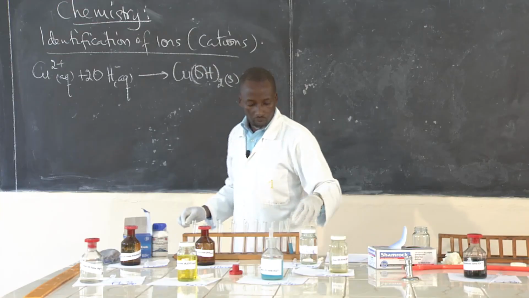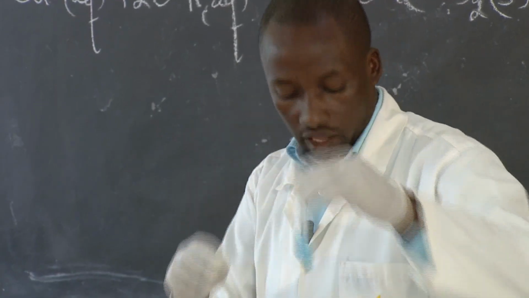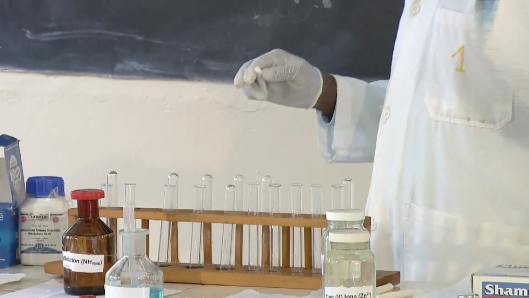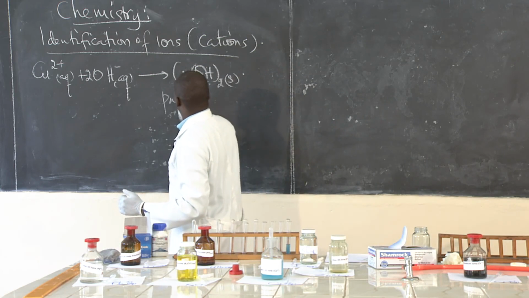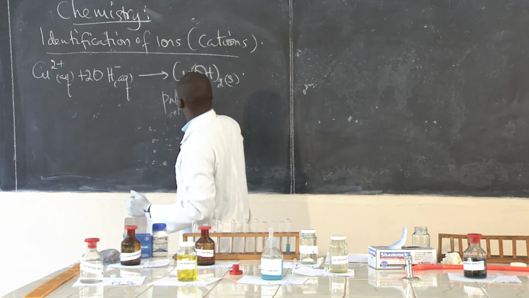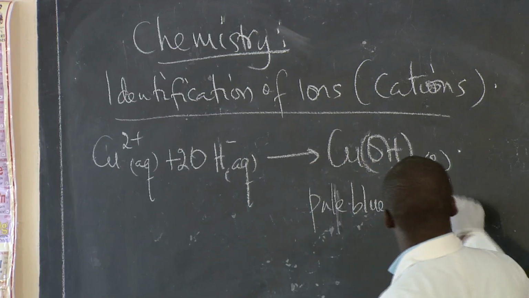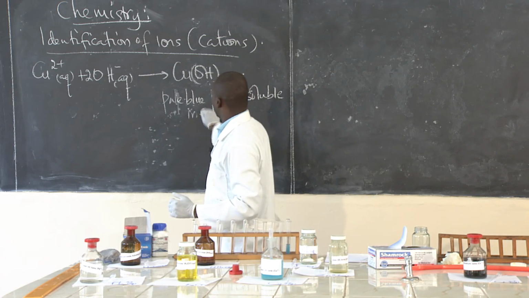So this is what formed here. The copper 2 hydroxide is formed here. That is solid. The solid that is formed here is what we call the precipitate. This is a pale blue precipitate and is insoluble in excess.